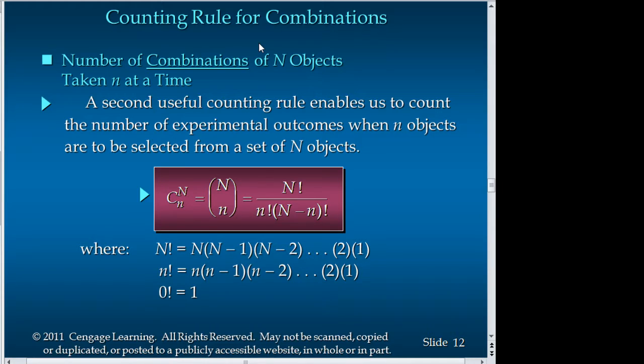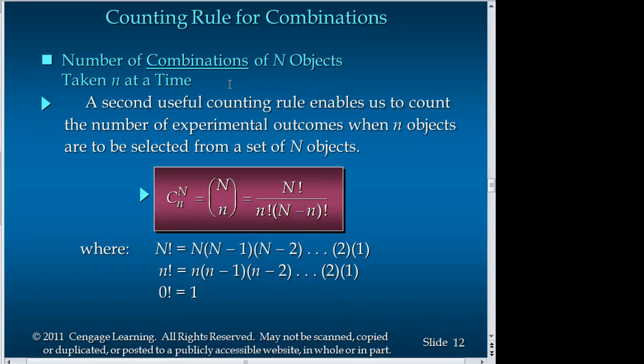Somebody did it. And how do they do it? Well, we're not really going to talk about that type of complicated question, but we're going to talk about the basic ideas of counting. This is what we call the combination: uppercase N objects taken lowercase n at a time, right?